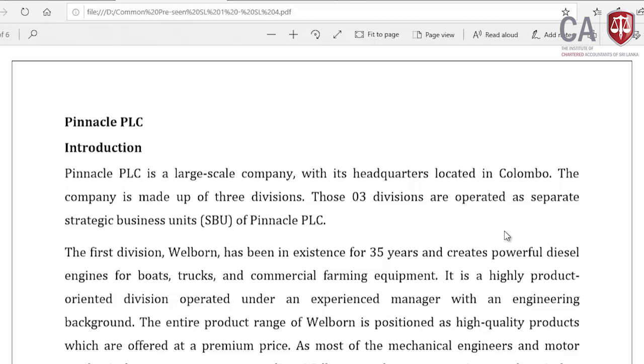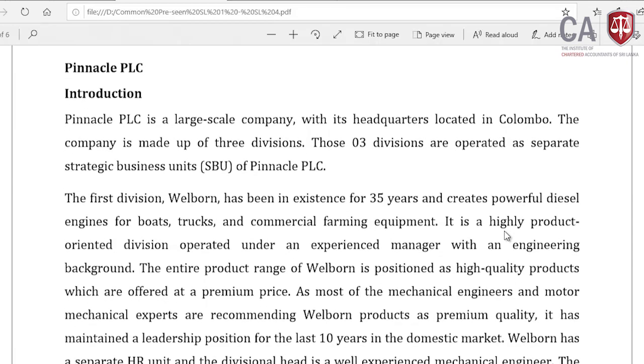Wellborn. So, this company has been doing business activities for the last 35 years. They are involved in making diesel engines for boats, trucks and commercial farming equipment.